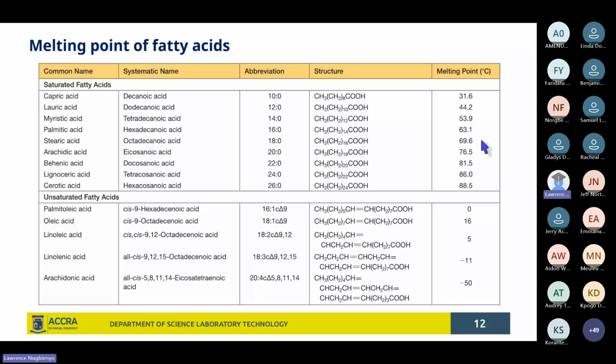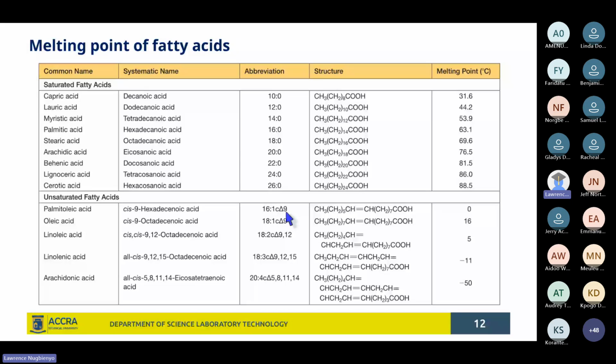Now, if we come to the unsaturated fatty acids, starting from the first one, 16:1 delta 9. That is having 16 carbons, one double bond, which is on carbon number 9.